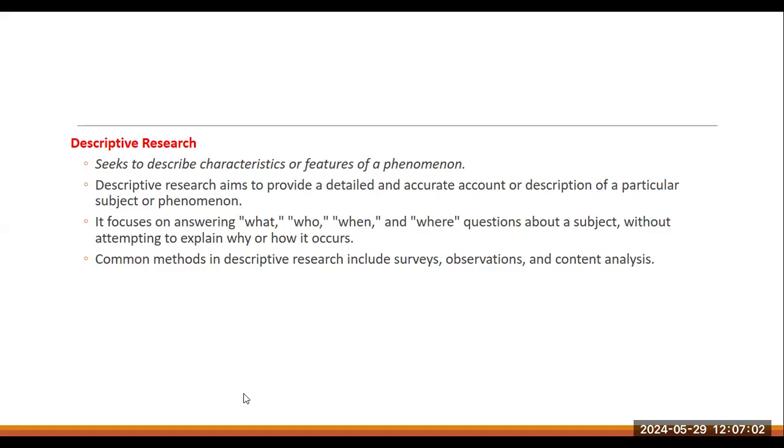And then when they do the descriptive research, they can identify what aspects and who.